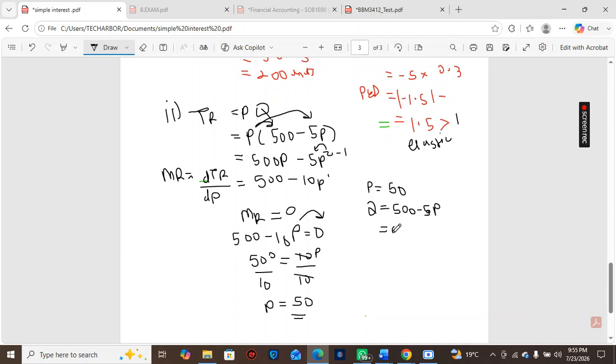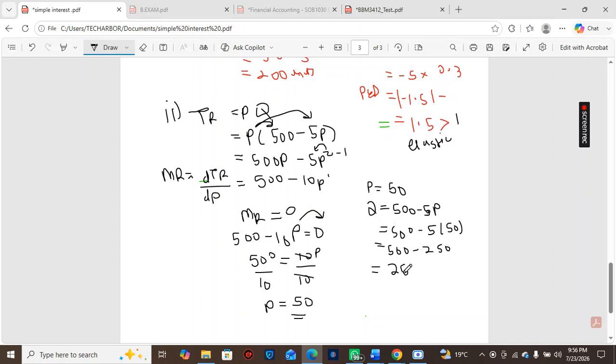So 500 minus 5 multiplied by 50. 5 times 50 is 250. 500 minus 250, quantity demanded is 250 units.